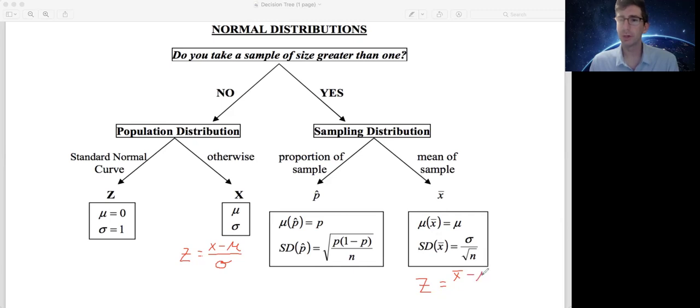And we just, again, can subtract the population mean from that, because that is equal to the mean of all of our sample means. And we divide by the standard deviation of all those sample means, which is that population standard deviation divided by the square root of n.